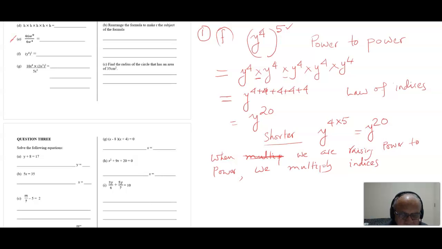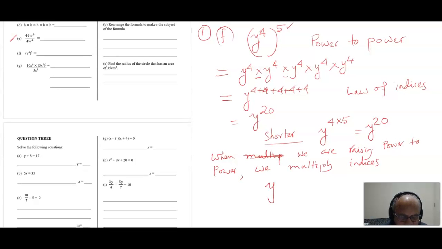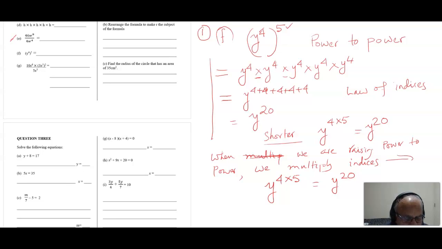Indices is the plural of index, so y to the power 4 times 5. That'll give you y to the power 20. So you don't have to do all that calculation. You can straight away go for this rule, state that rule, show that working, and we are going to accept it as a correct answer.